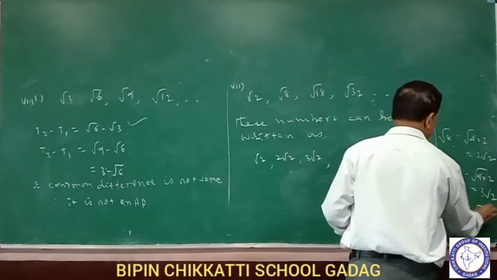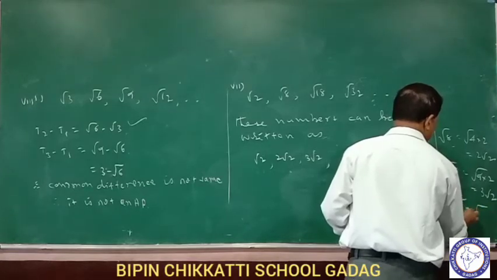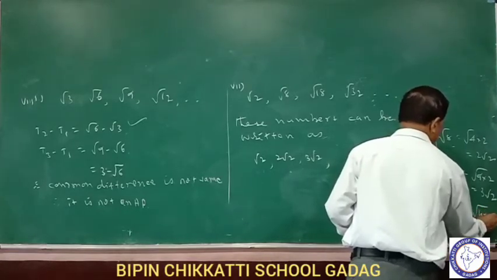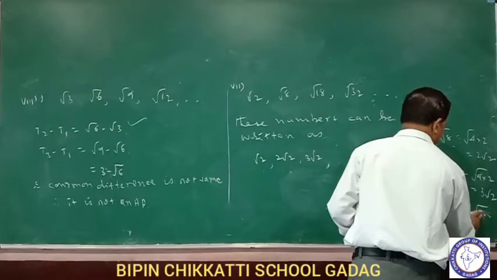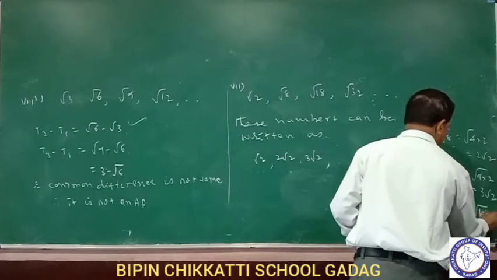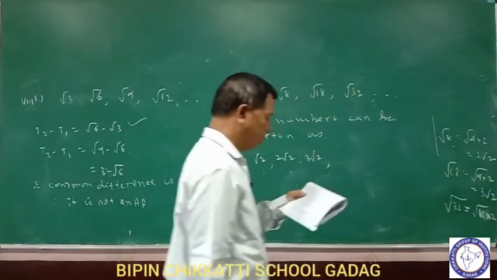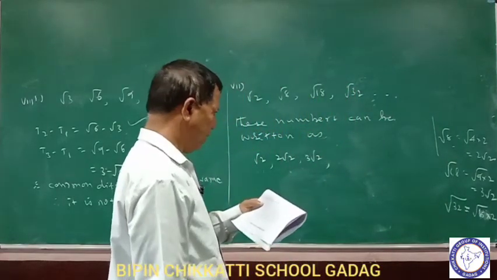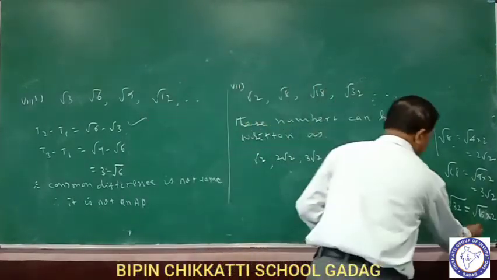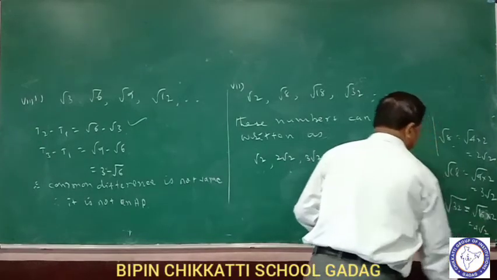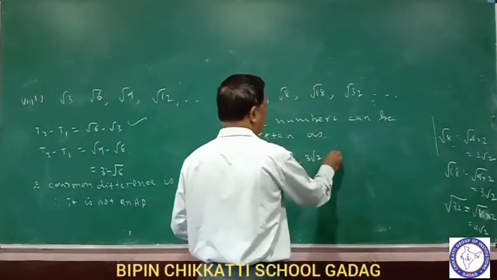Here you have to see this 16, that is 16 into 2. And 16 into 2 means how much can you write it here? That is root 16, 4 root 2. And here you see that 4 root 2.